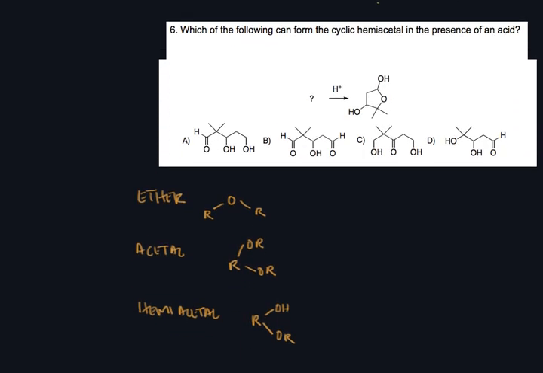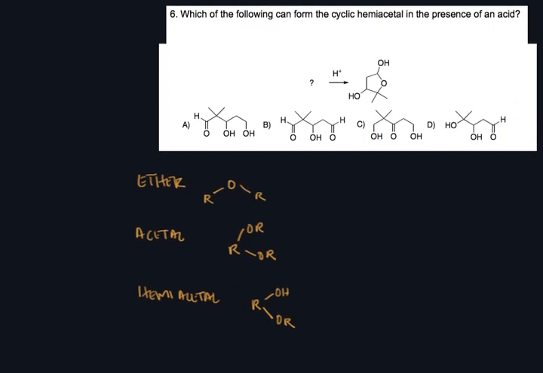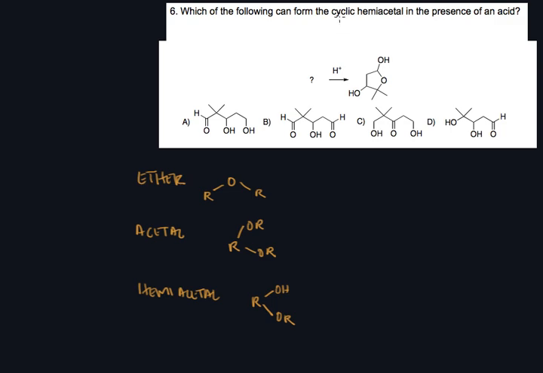And so moving down to problem number 6, it says which of the following can form the cyclic hemiacetal in the presence of acid. I want to take a second to clear up some vocabulary, because it was a little confusing to me. An ether is an oxygen with two R groups attached to it, so two carbon groups attached to an oxygen.